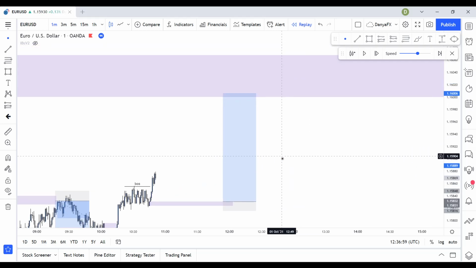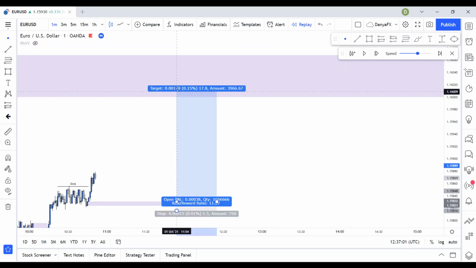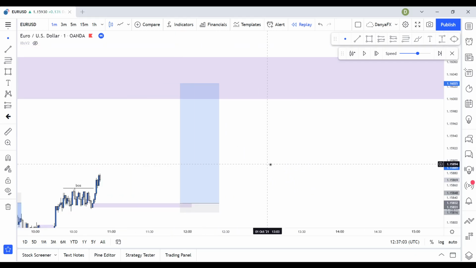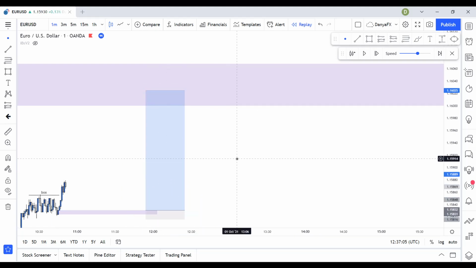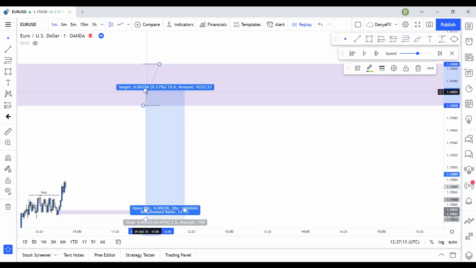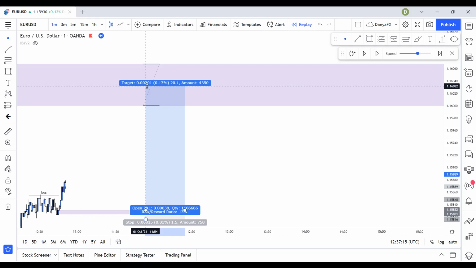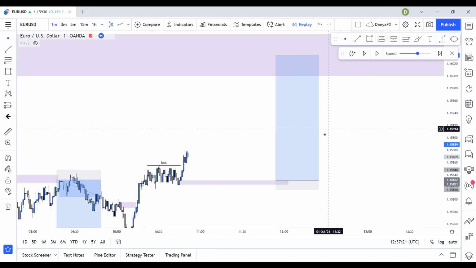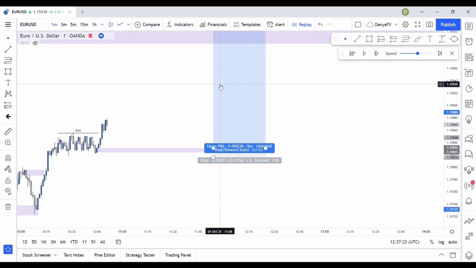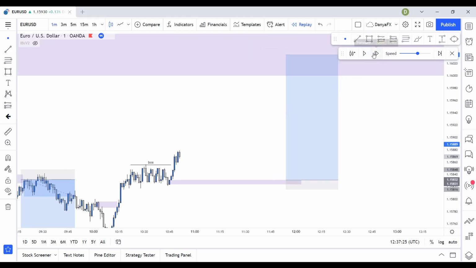And I didn't take this trade, but I usually put the take profit at the equilibrium, and it is somewhere here, right like this. So let's see what the price does. It's a 1 to 13 RR trade.